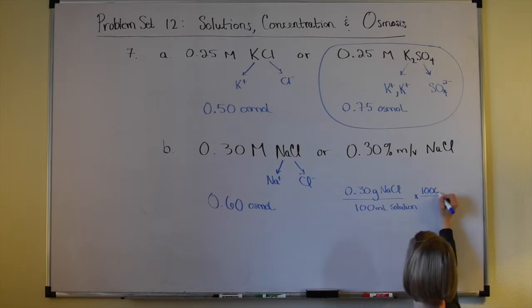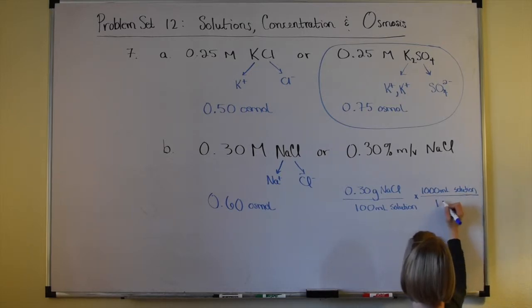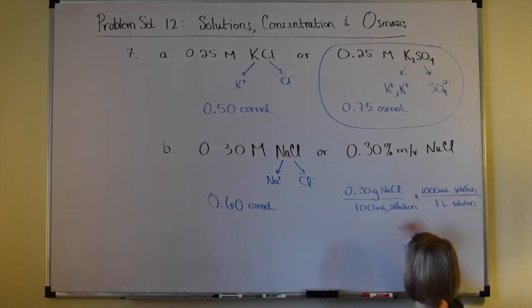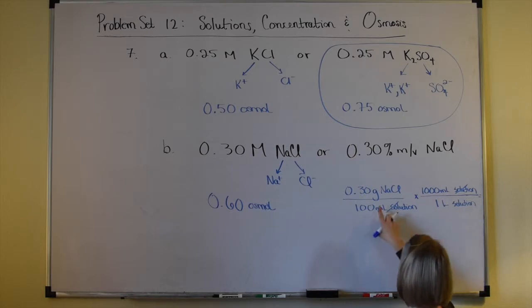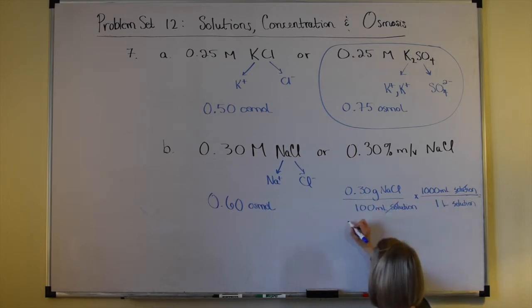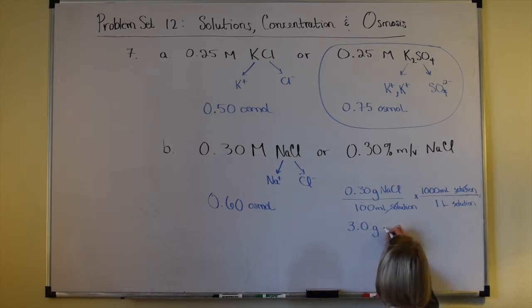So 1,000 milliliters to 1 liter. Go ahead and write my answer down here. What are we doing? We're dividing by 100 times by 1,000, so it's going to be times by 10, 3.0 grams of NaCl per 0.1 liter of solution.